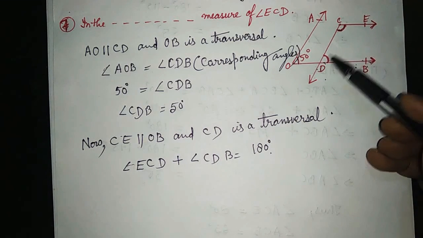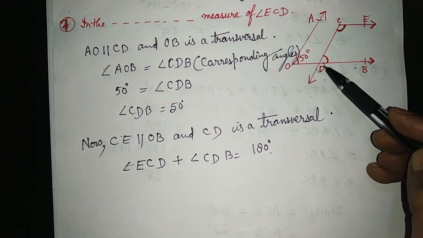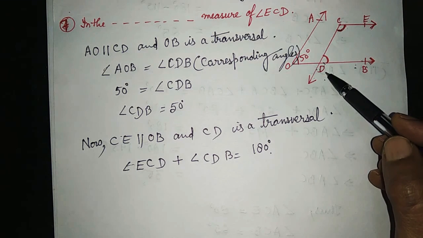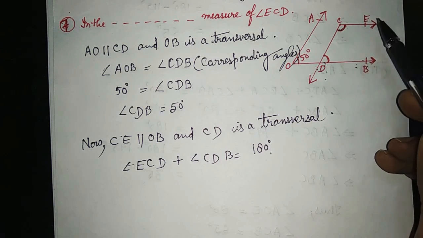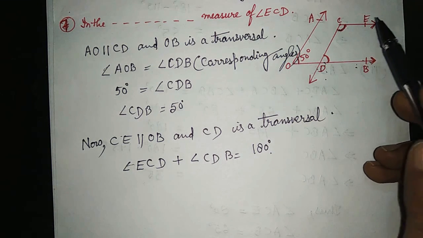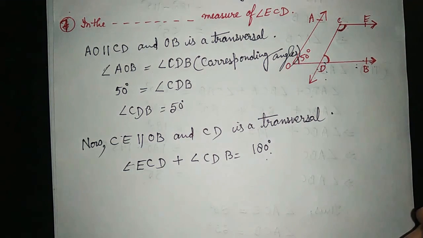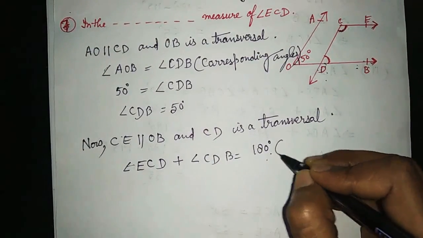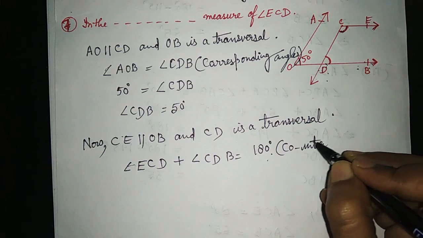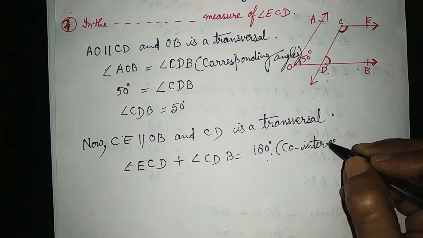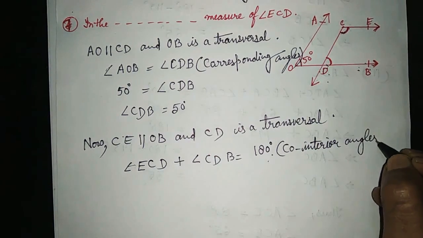That means they are forming consecutive pair of angles, or you can say co-interior angles. And the angles on the same side of transversal is supplementary. It means their sum is equals to 180 degree. Here we will write co-interior angles.